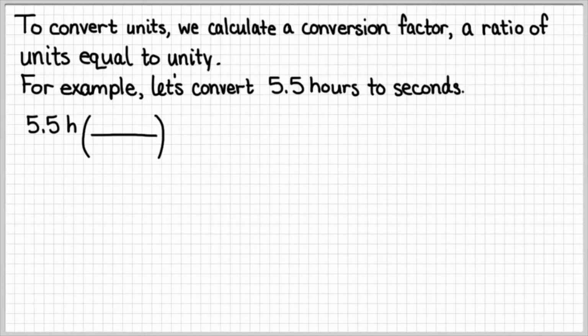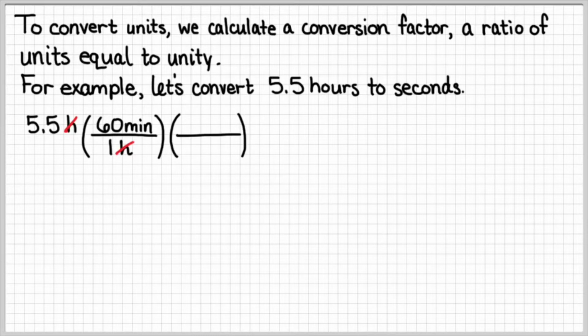So how many minutes are there in an hour? There are 60 minutes in an hour, and you choose which quantity is on top by knowing that you want to cancel out the hour. Multiplying this is the same as multiplying by 1 because 60 minutes is equivalent to 1 hour, and when you take that ratio, it's the same as the factor 1.